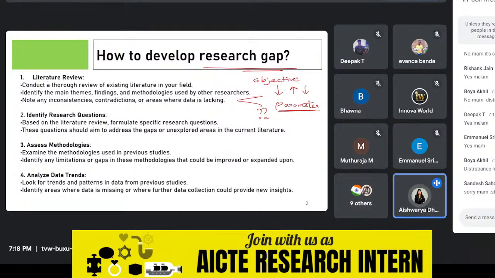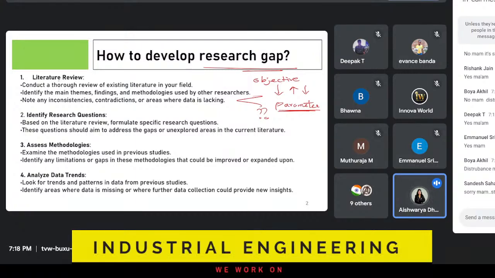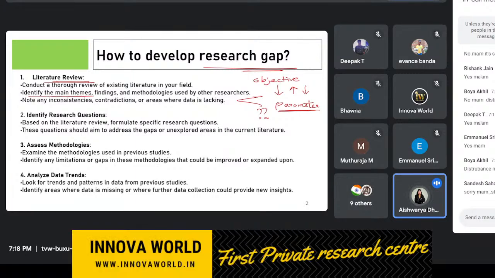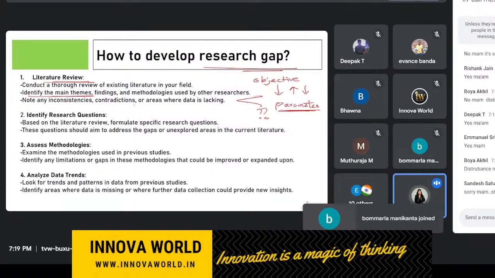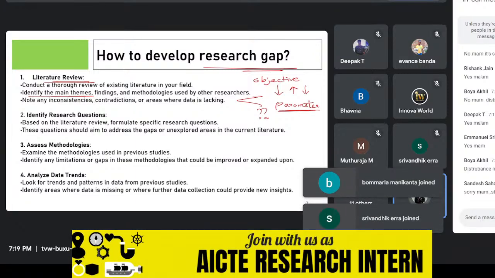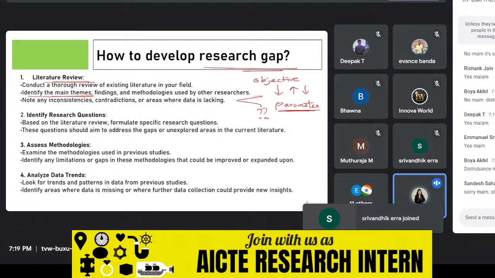The first and foremost is the literature review. Understand how to conduct it and identify the theme on which you're working, whether lung cancer, blood cancer, drone design, or aircraft. What is the theme of your work?